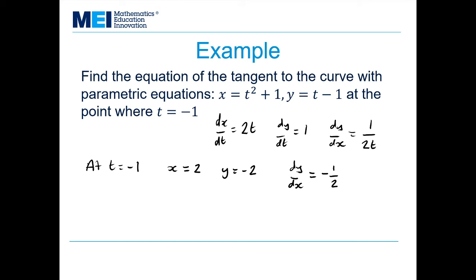I'm going to have a gradient of minus half, so I can just use y minus y1 equals m(x minus x1). So y minus negative 2 equals my gradient, minus a half, times (x minus 2). And simplifying that just gives me y equals minus a half x minus 1.